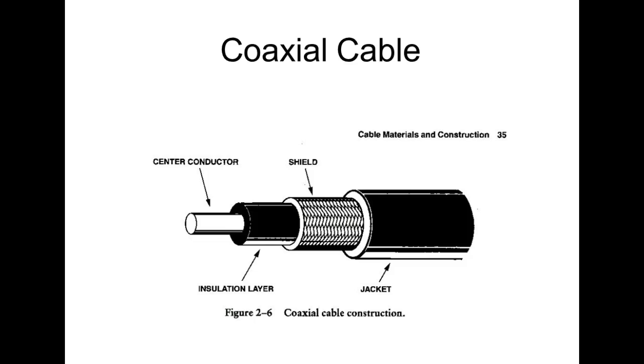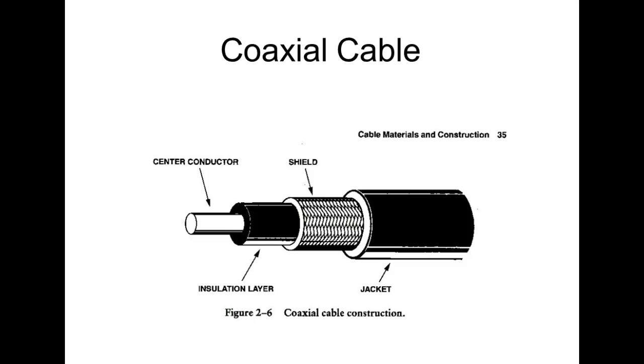And you have to strip this thing. For one thing, the spacing between this conductor and that conductor has to be precise, because what this does is set up a capacitor. So here's a conductor, here's an insulator, here's a conductor. It sets up a capacitor.